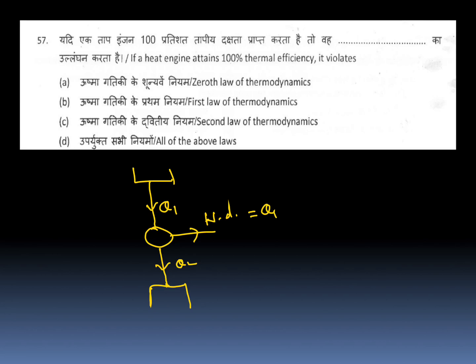Maximum temperature is the reservoir temperature, sink temperature is the minimum temperature. This is a heat engine, clockwise cycle. Then here 100% thermal efficiency means work done equal to Q1, Q2 is 0. This violates the second law of thermodynamics. In many interviews also they are asking this question, so this is very important.